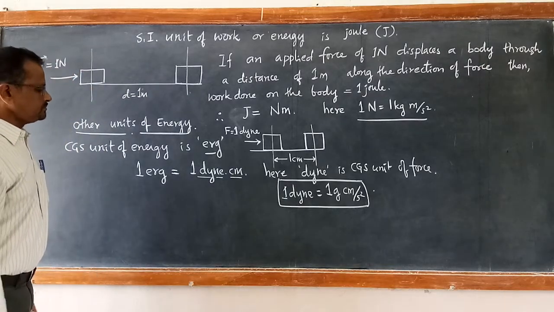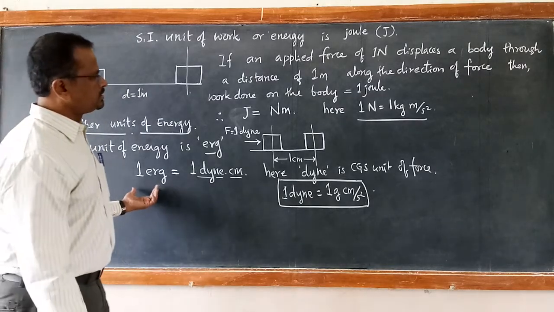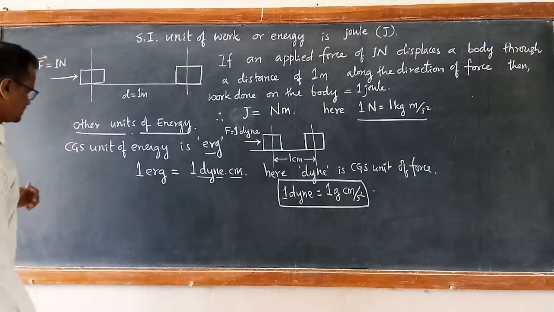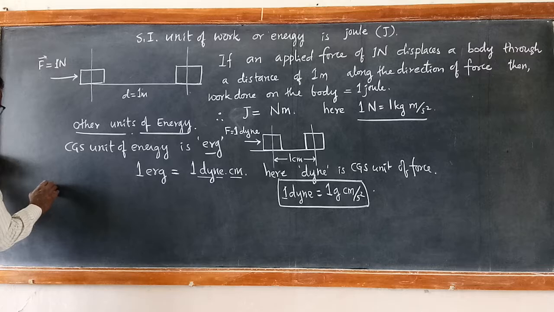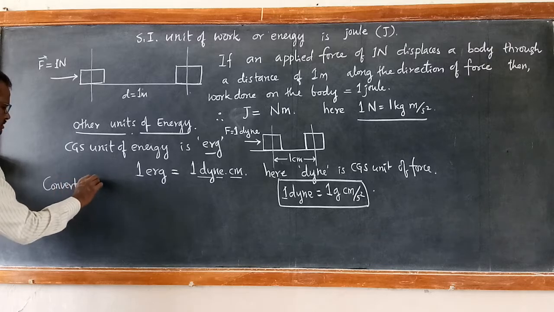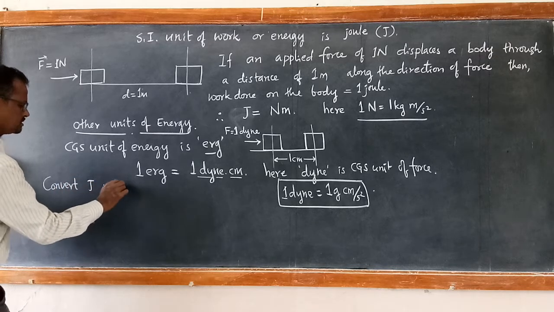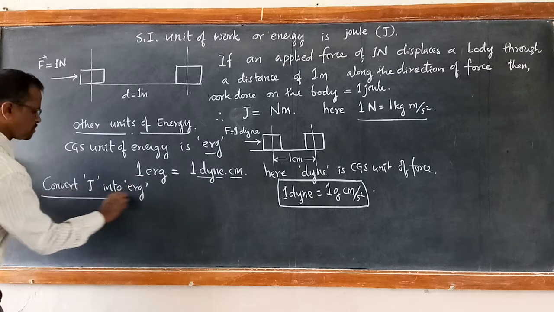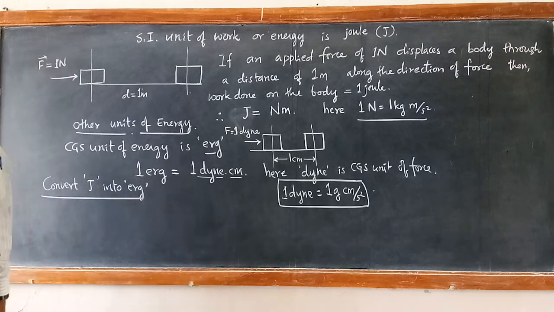Right? Now, how to convert joule into erg? This is a very interesting conversion. It is an exercise for you. You can try it. Convert joule into erg, meaning how many ergs is equal to 1 joule?